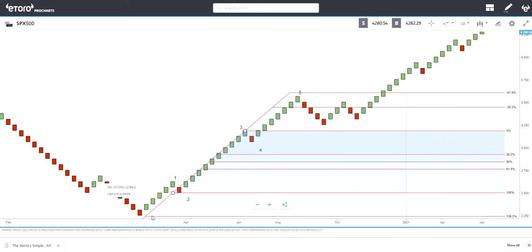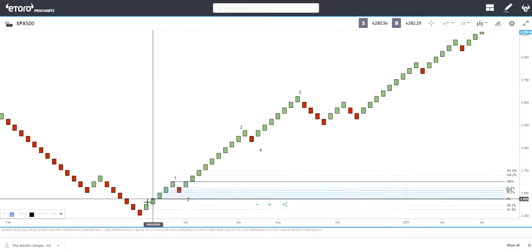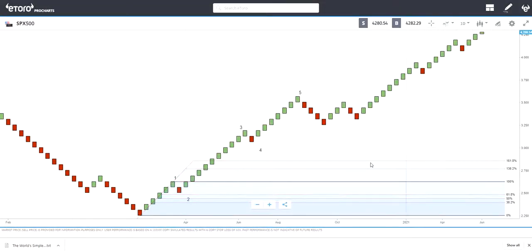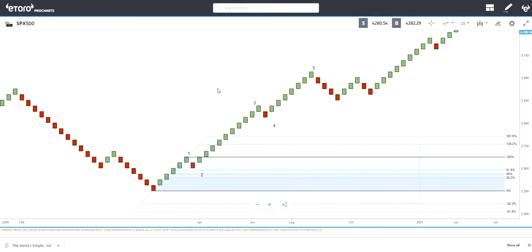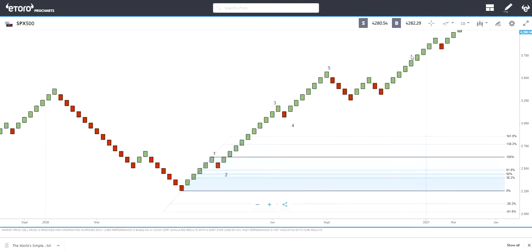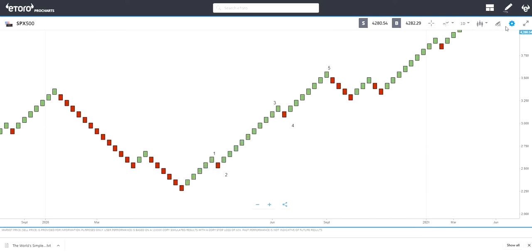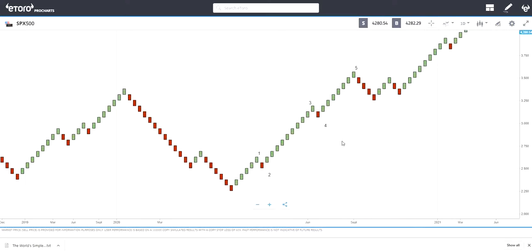You can see very nicely matches these numbers, but the thing is you should draw on the first, then just see the extension. On many other applications, many other platforms, you see these extensions more and more, but here on eToro, it's not that complete, so I'm not going to add that to the chart anyway. So as you can see, this works very nicely.